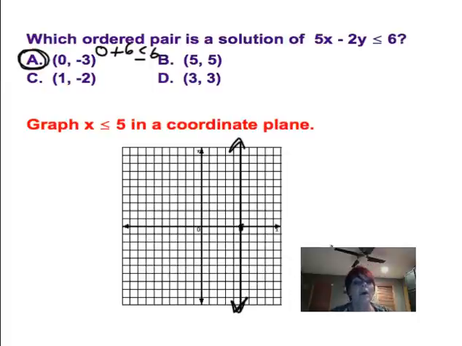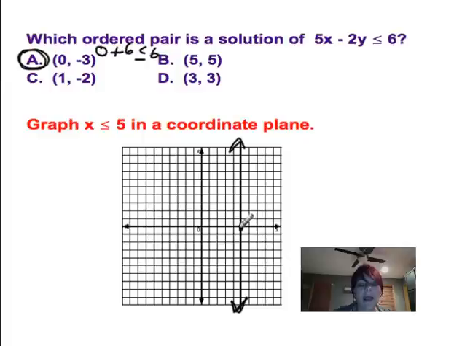Okay? Now, the thing about inequalities, we're not done graphing just by graphing the line. The inequality says, when is x less than or equal to 5? Well, I took care of the equals by drawing the solid line, but now when does x get smaller? Think about this x-axis. When is x getting smaller?